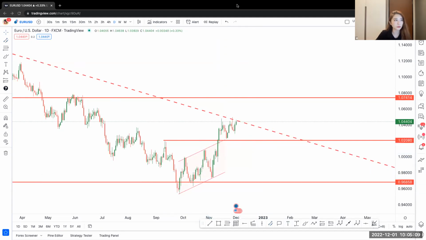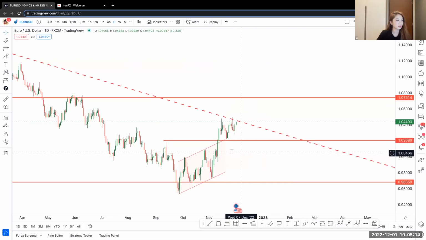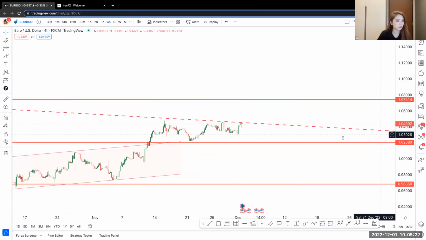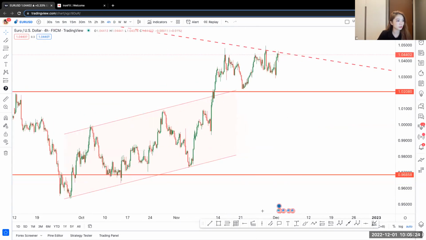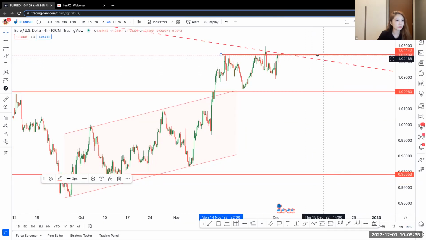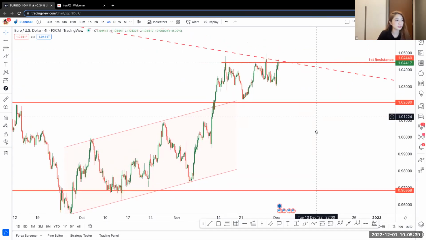Let me also bring in the Genesis IronFX portal. Let's take a look at the H4. We are also seeing a resistance at this point at 1.0440, so let me just take it as resistance.